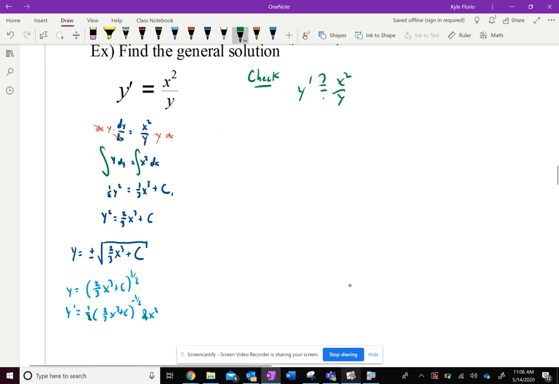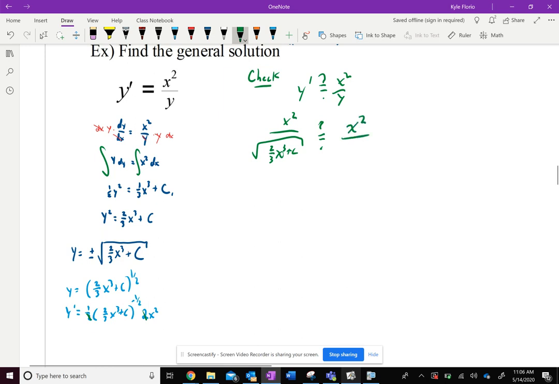Well, y prime is x squared over the square root of 2/3 x to the third plus c, right? If I bring the negative 1/2 to the denominator, it becomes positive 1/2, and the positive 1/2 will still be a square root. And is that the same thing as x squared over y?